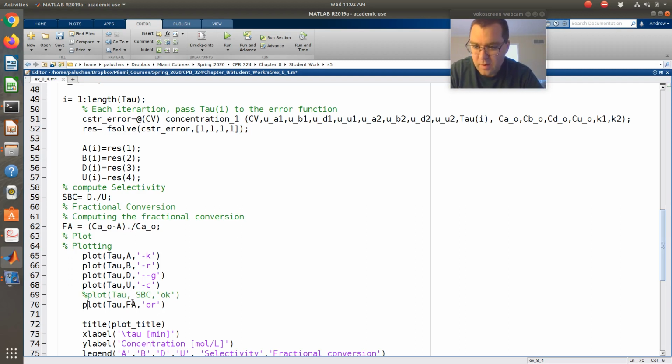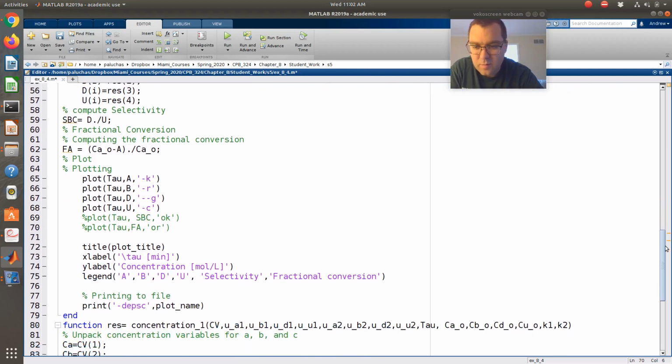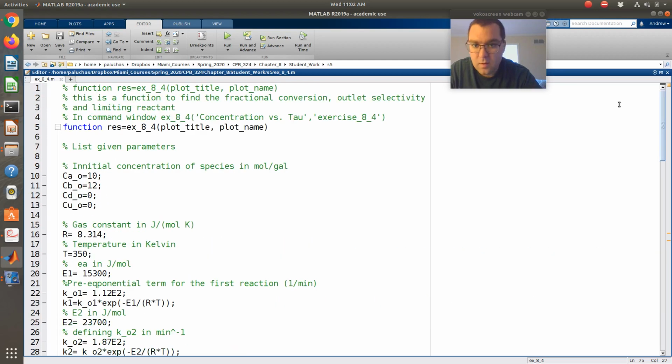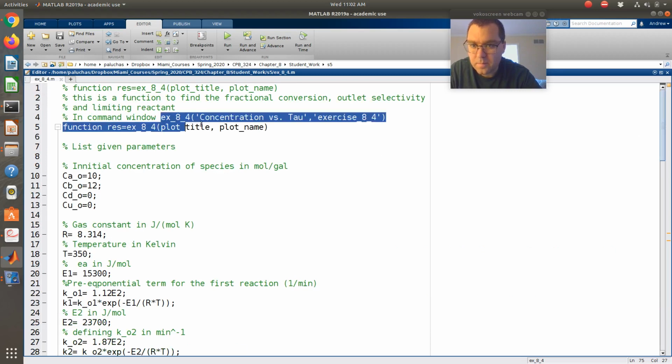I'm going to comment out the selectivity of fractional conversion here because just like at the last problem, really should put those in separate plots. Okay, so I'm not going to do that exactly here. I'll leave that up to you. But let's just see if those little changes get this working. Okay.